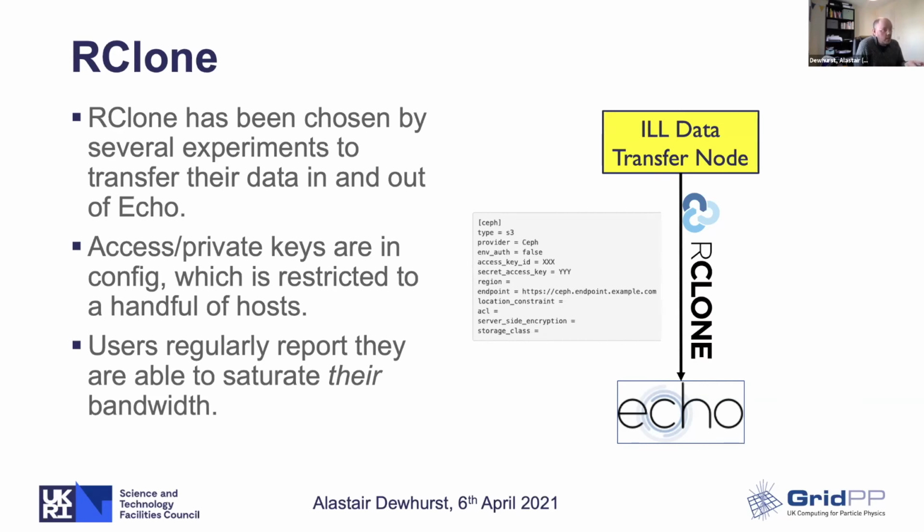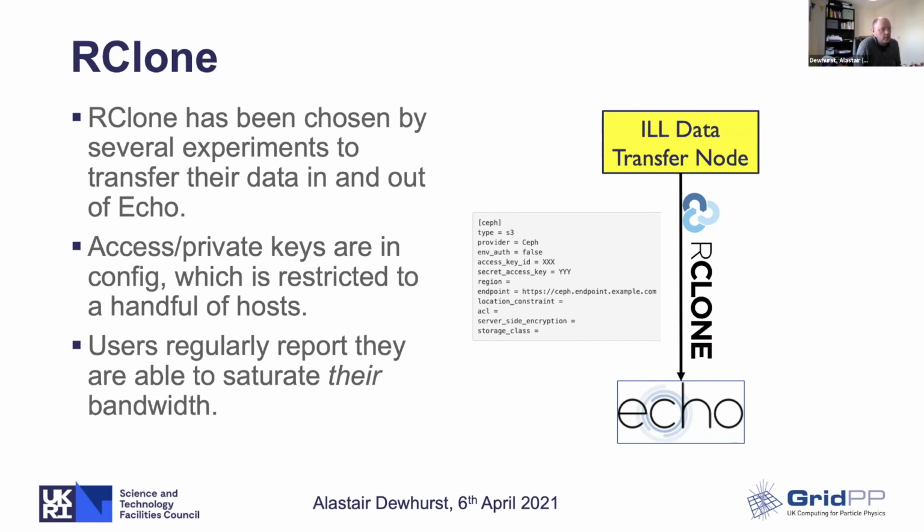It's a very simple setup. There's a handful of lines of config that they put in their file, and then it's ready to go. They need to put their credentials into their config, but as long as that's restricted to a handful of hosts, it isn't much of a security concern, as long as they're looked after properly.